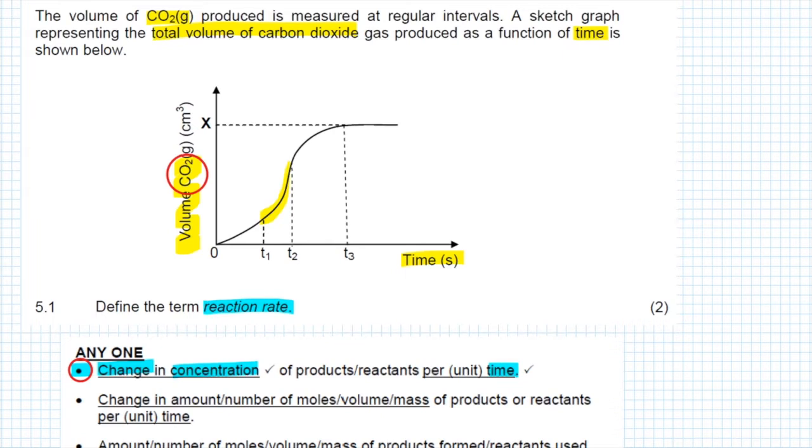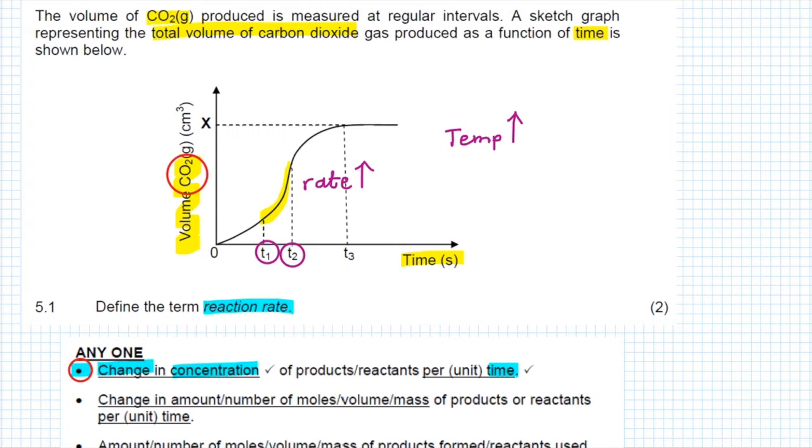If the gradient increases, it means that the rate of the reaction between time T1 and T2 increases. Now, in terms of temperature, when will the rate of reaction increase? Is it when the temperature increases or when it decreases? Rate of reaction will of course increase if the temperature increases, because an increase in temperature means that the particles have more kinetic energy so that they can collide more effectively, with enough energy to react and become the products.